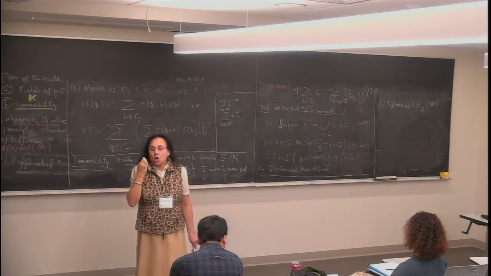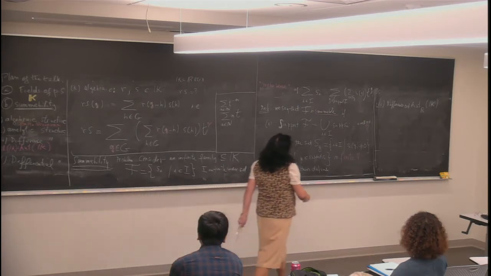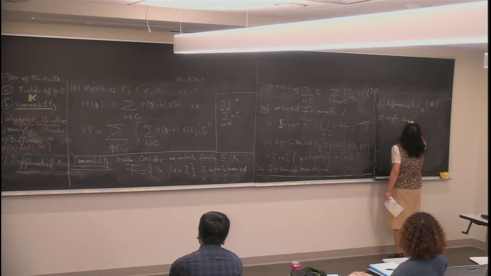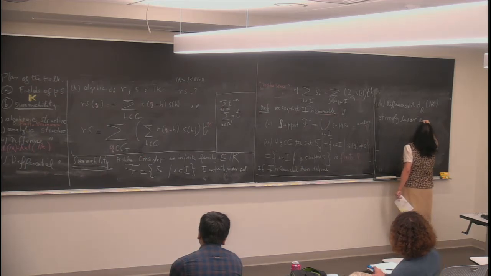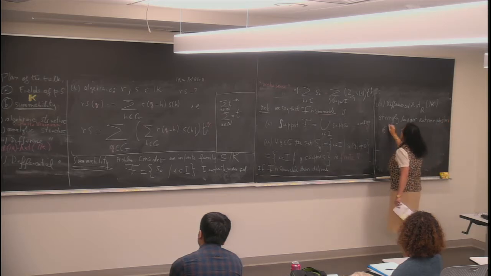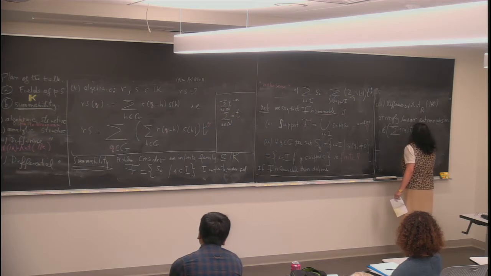Now, strongly linear automorphisms have to do with summability, because if you look at this equation, this is telling you two things. It's telling you that the family sigma of t to the g, with g in the support S, is summable.